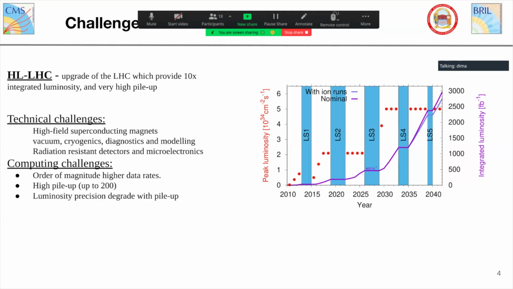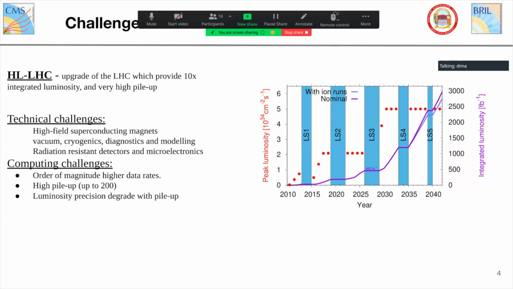To make matters worse, in the next years the LHC will be upgraded to provide high luminosity, high pileup, and as a result, much larger luminosity.